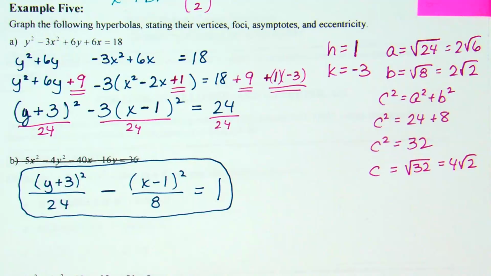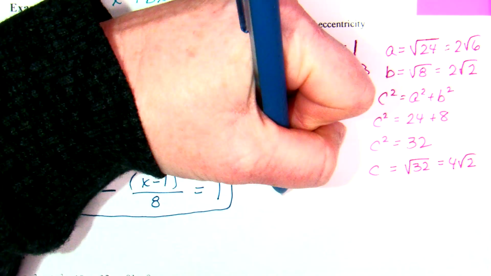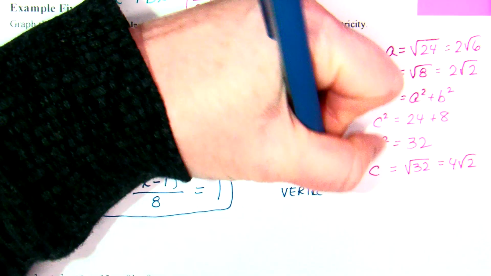What do we need? We need vertices. Which column problem is this? Y comes first. So this is a right column, or Y is the positive. So if this is right column, when I do my vertices, that A is going to add and subtract to the Y value.